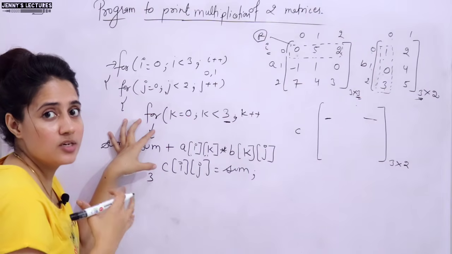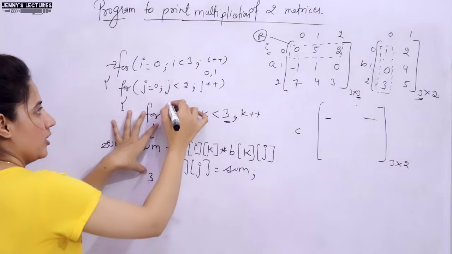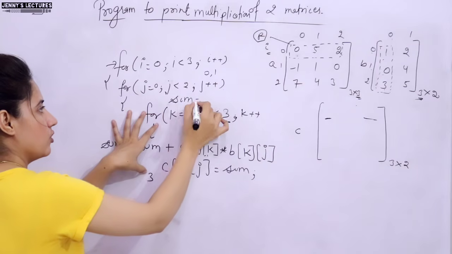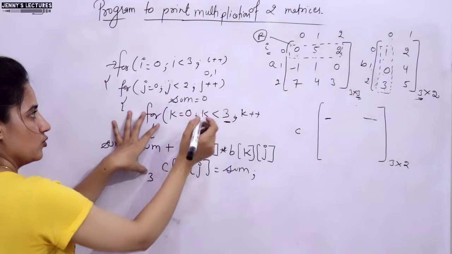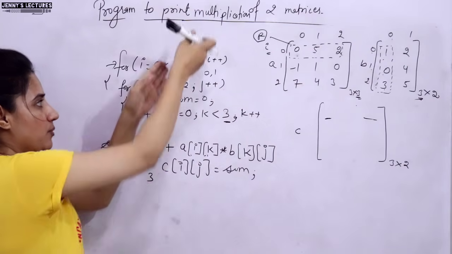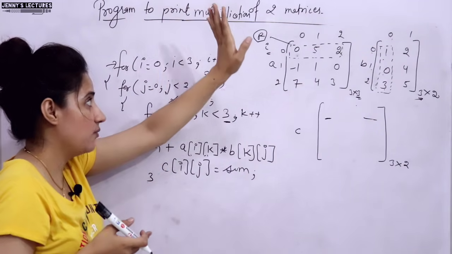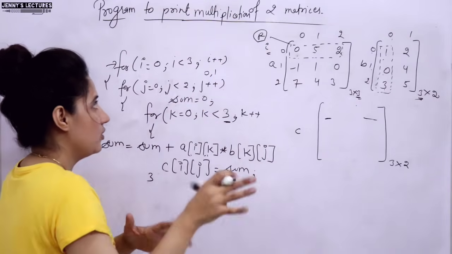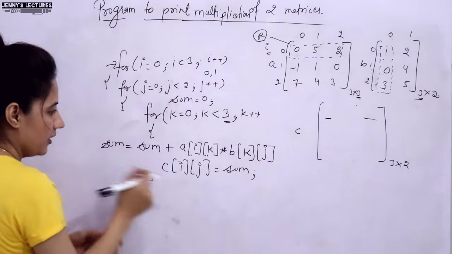Where should we initialize sum to 0? Outside of this for loop. So here we will initialize sum is equal to 0, within this j loop, and before initializing obviously we will declare this variable after the main function, wherever we declare the ijk variables, there only we can declare this sum, right.